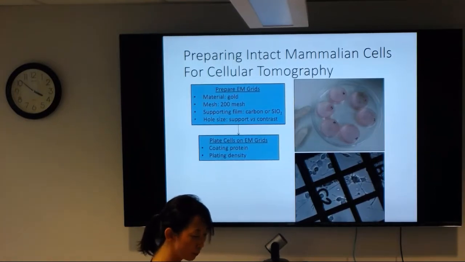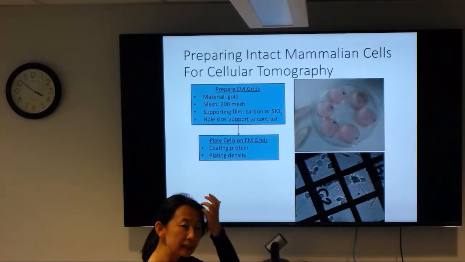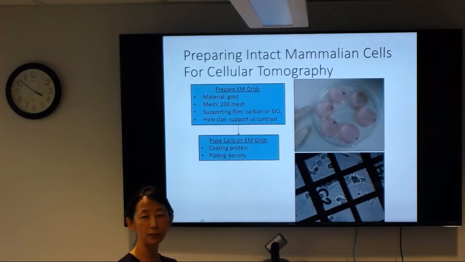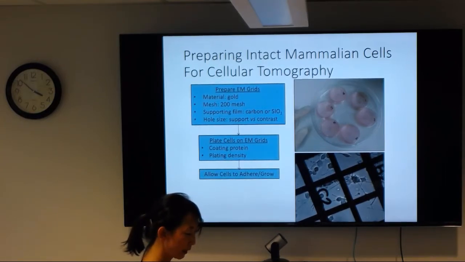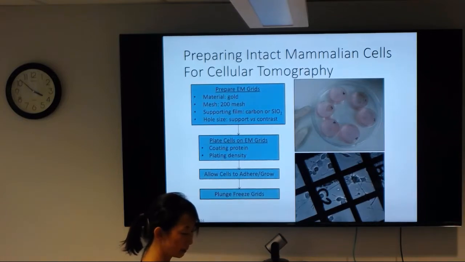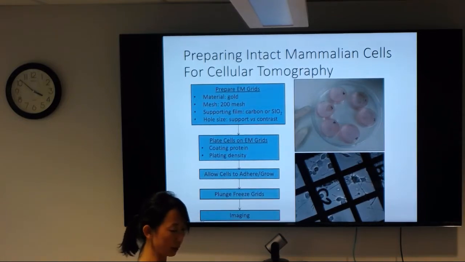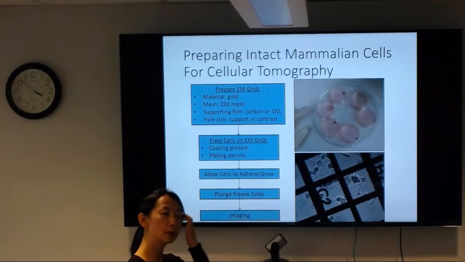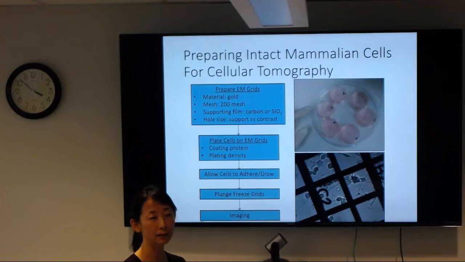And then you have to pay attention to the plating density. Make sure you don't have too many cells overlapping. Otherwise, the ice will be really thick. Then you grow for a certain time, and then you freeze the grid, and you can do imaging. This is usually what we do to set up grid plating in my lab.